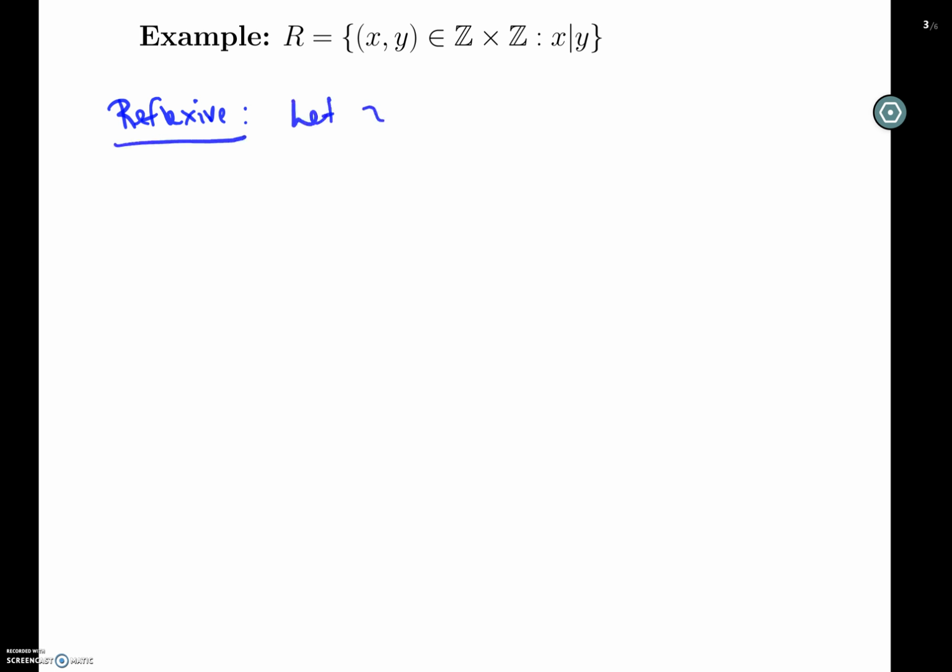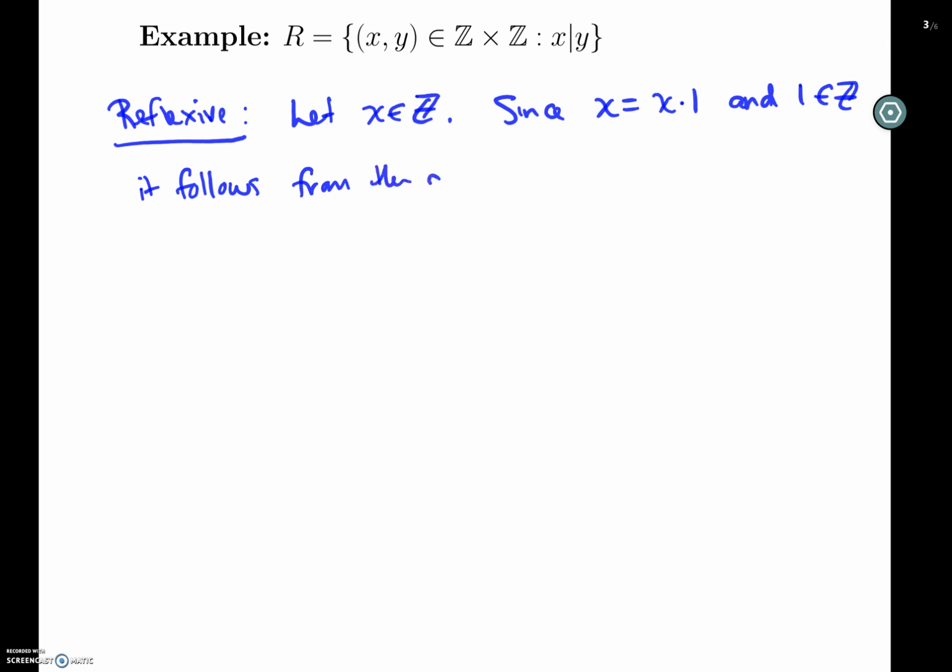First, we're going to choose an arbitrary element in our set. So we're going to let x be an element of Z. Since we can write x as x times 1, and 1 happens to be an integer, it follows from the definition of divides that x divides x, and that works for every single one.